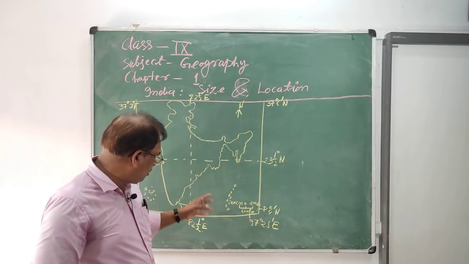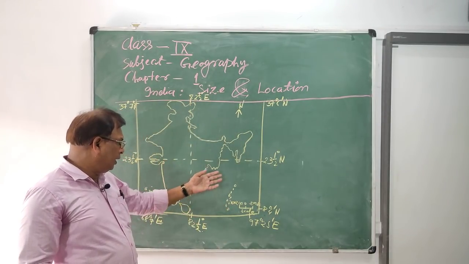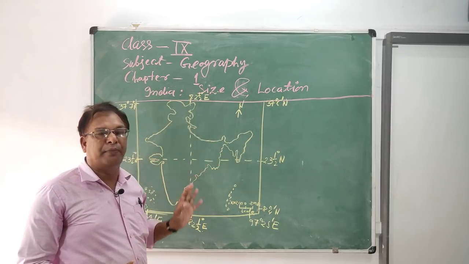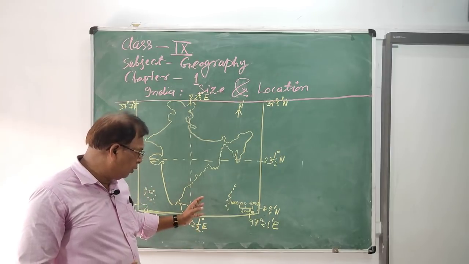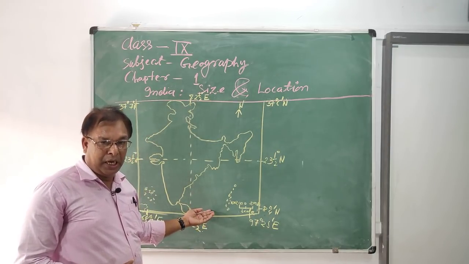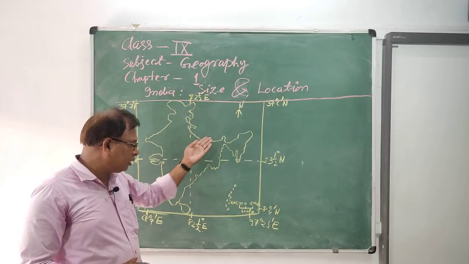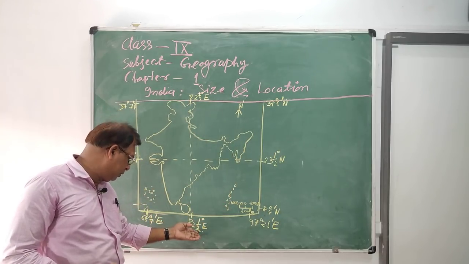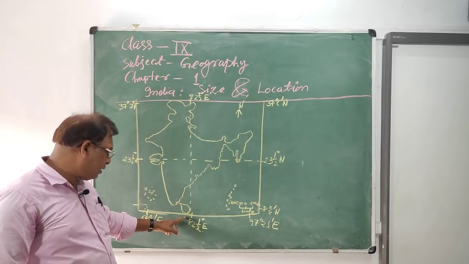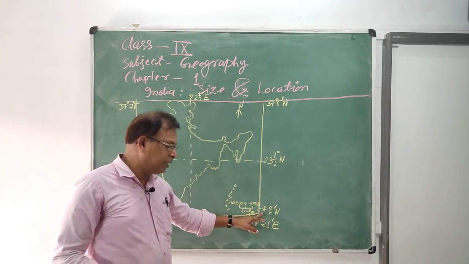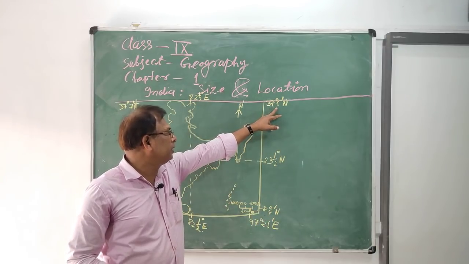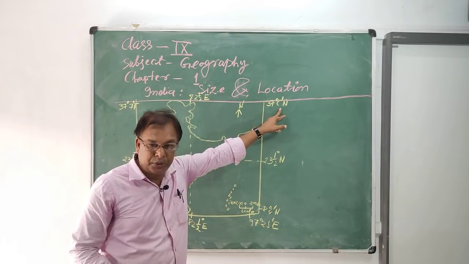So, I have drawn a map of India. It is the outline map of India. It shows the location of India, north to north and east to east. I have mentioned that India lies between 8 degree 4 minute north latitude and 37 degree 6 minute north latitude.